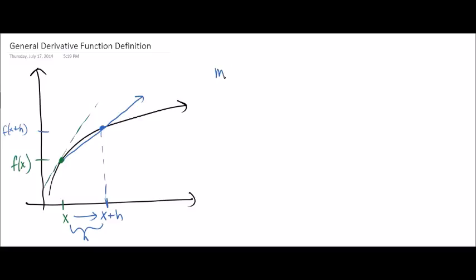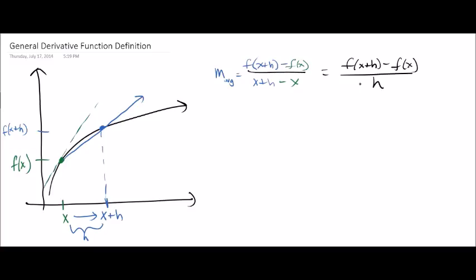So the average rate of change is going to be y2, which is f of x plus h, minus y1, which is f of x, all over x plus h, that's x2, minus x1, which is just x. So we can simplify this formula down to f of x plus h minus f of x all over h. And again, this is just a really simple slope formula, no calculus involved just yet.